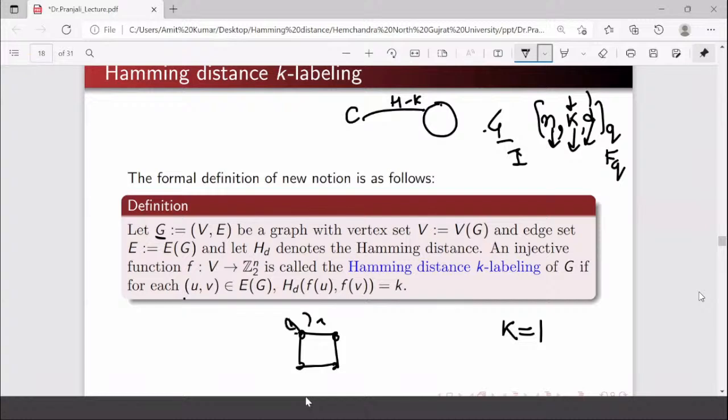So if I label one vertex by some vector x and the other by some vector y, then x and y must be at Hamming distance 1. It's a generalized concept, so you can talk about Hamming distance 2 labeling, Hamming distance 3 labeling, and so on.